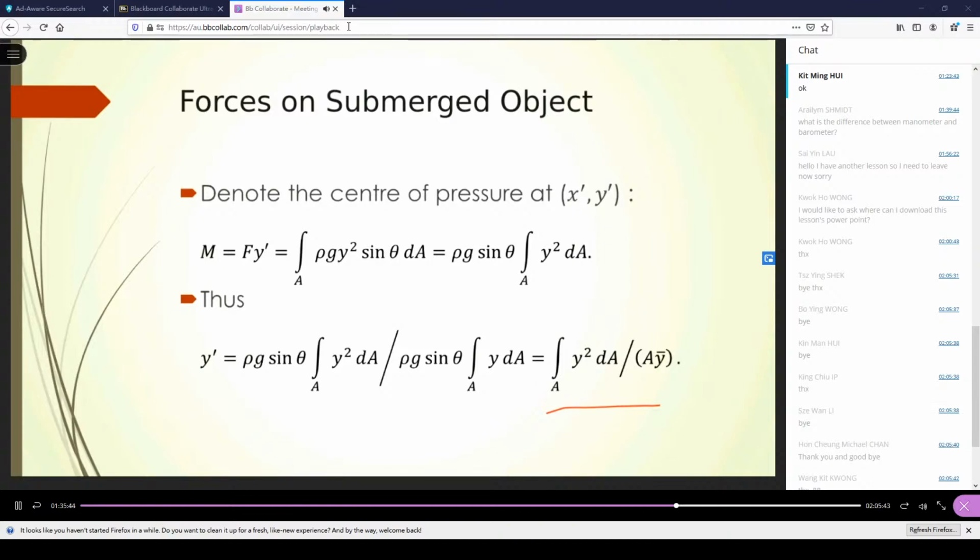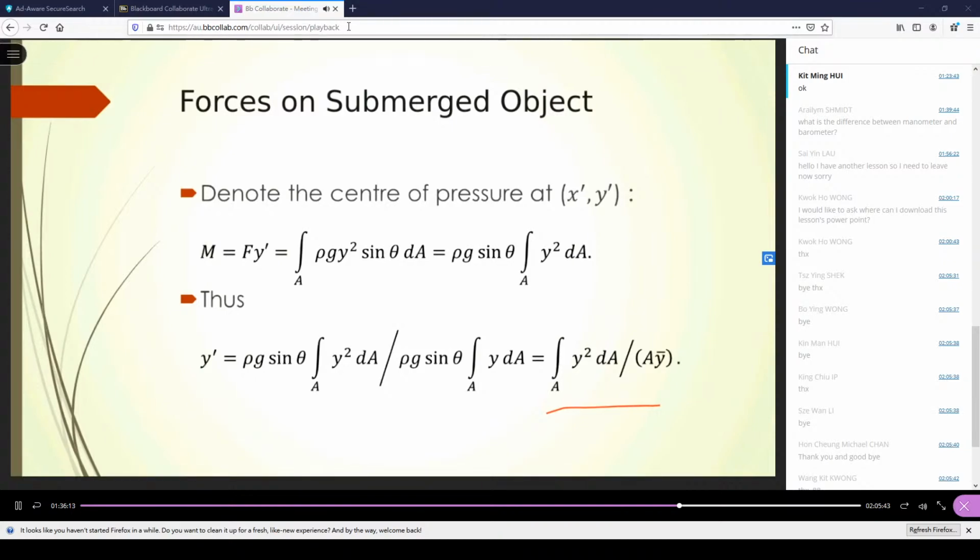The principle is here. Apart from looking at tables, you understand that when we look at force on a submerged object, we look at the force together with the moment. For simplicity, we define something called center of pressure and centroid of surface, so that we can standardize and look up from tables.